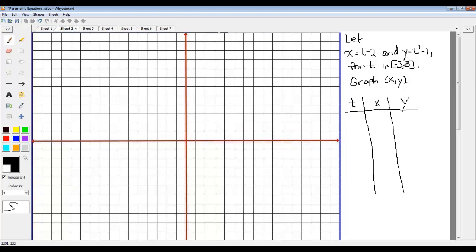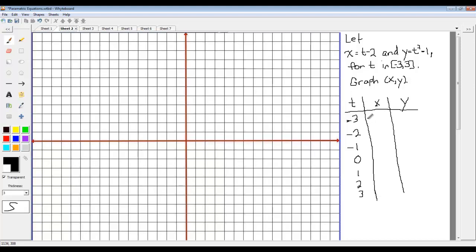Now since it's for t in -3 to 3, let's just pick some values of t starting with -3 and going up to 3. I'll pick integer values, but keep in mind the t values can be in between those two. It can be fractions and stuff. But if I just pick some integers, that'll be enough to get some points and get an idea of the shape of the graph. Alright, x is t minus 2.